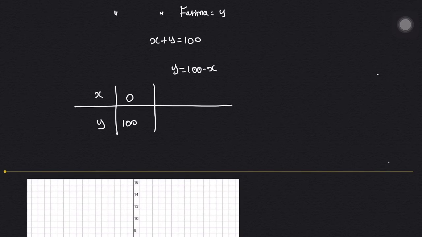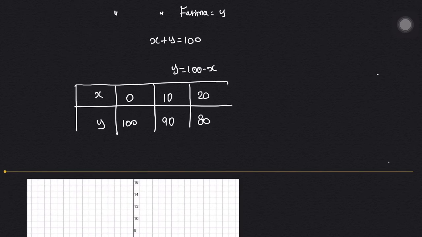Then x is equal to 10, so 100 minus 10 is 90. Then x is equal to 20, and we get y value equal to 80.